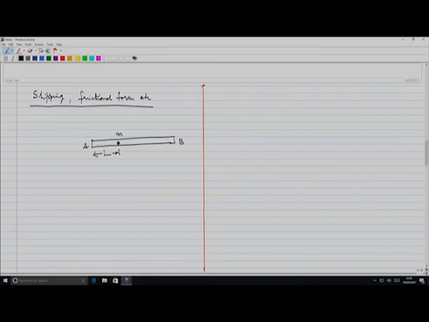Initially it is at a distance L, as indicated here, this is the initial distance, capital L. The rod rotates about A with a constant angular acceleration alpha.